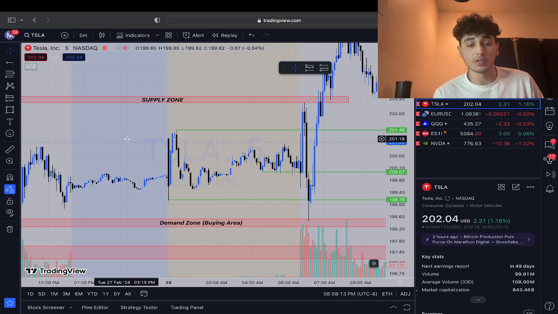That's what our supply and demand zones are. Simply just areas where price has previously presented a strong reversal. A strong reversal also meaning A, strong buying pressure, or B, strong selling pressure.